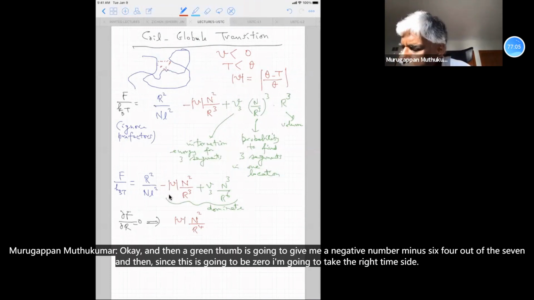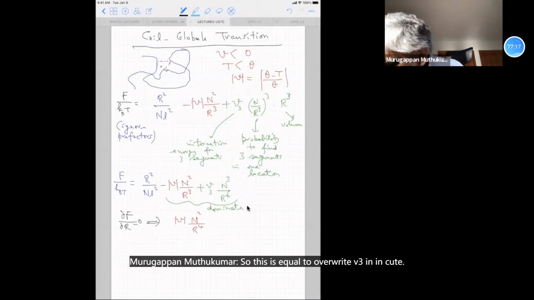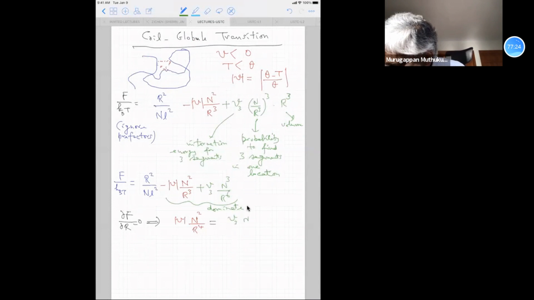And then the green term is going to give me a negative number, minus 6 over r to the 7. Since this is going to be 0, I'm going to take that to the right-hand side. So this is equal to V3 n cubed over r to the 7.